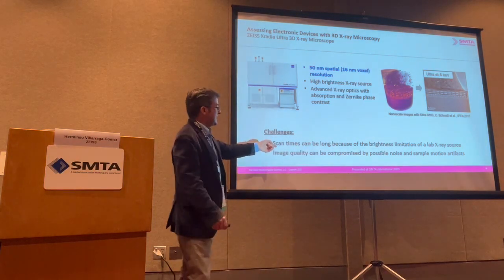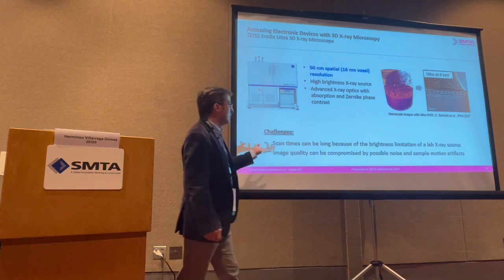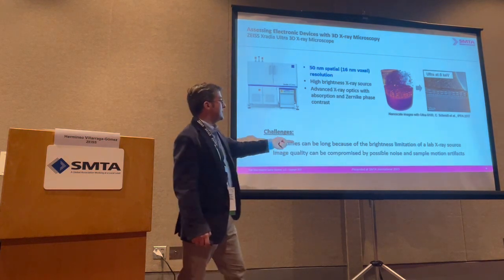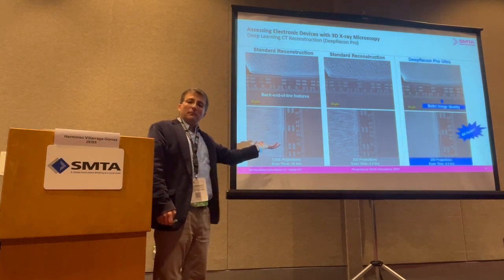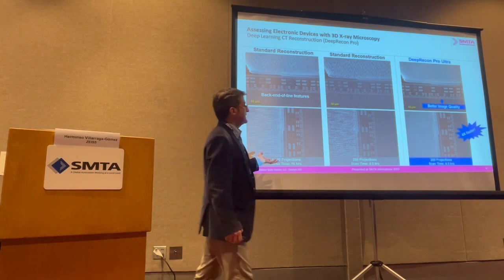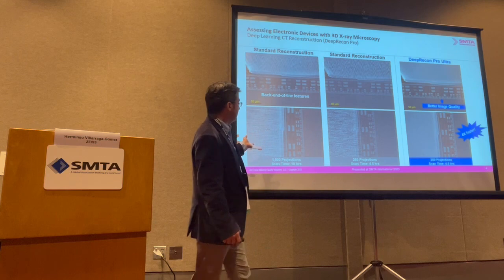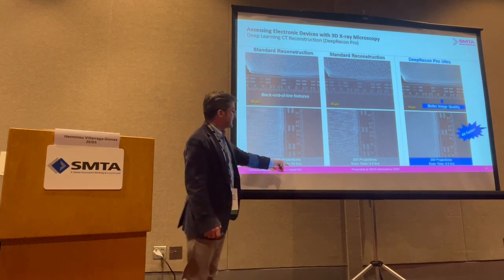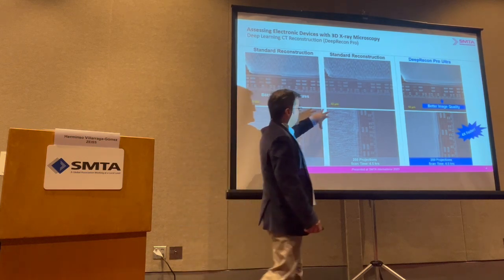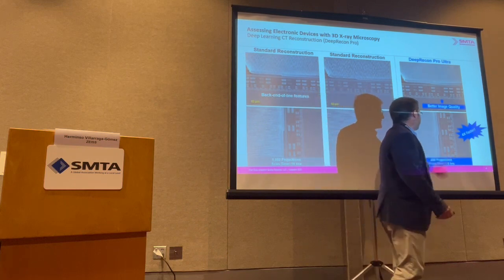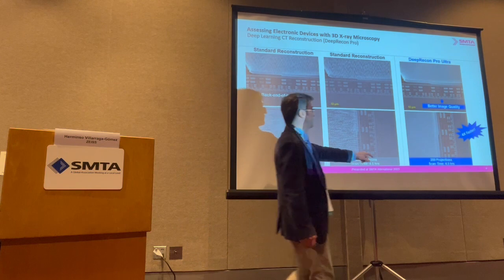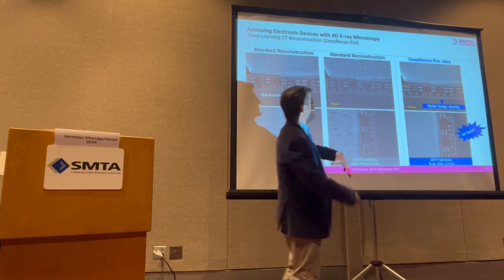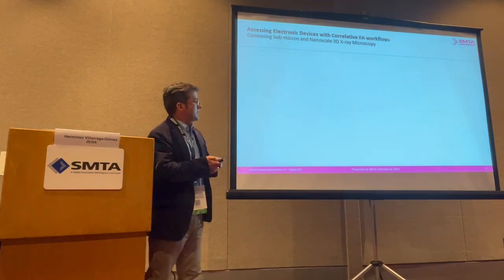But there are challenges. The scan time can be long, and the image quality can be compromised by noise and sample motion artifacts. Now, we have deep learning algorithms, and if you apply those deep learning algorithms, then you can reduce the scan time of those long detection systems to something that is more approachable, in the order of 4 hours in this case, with 250 projections to get the best image quality that you can get.